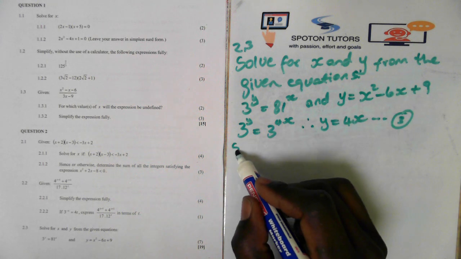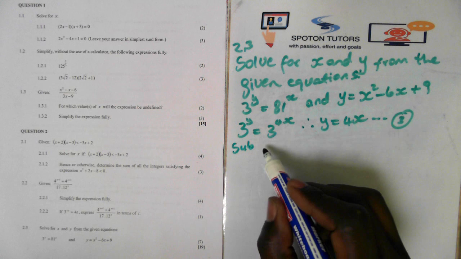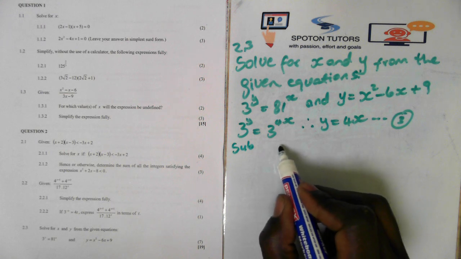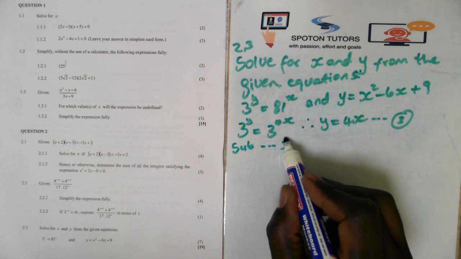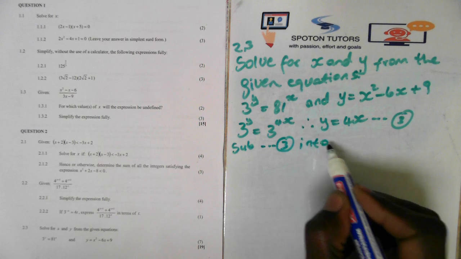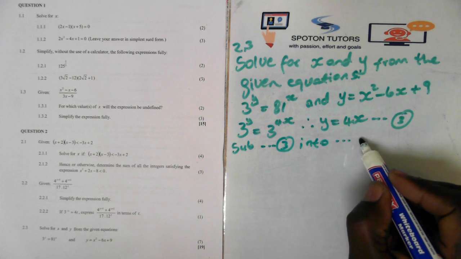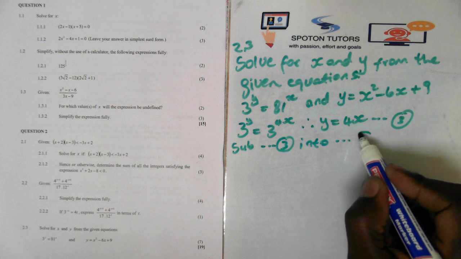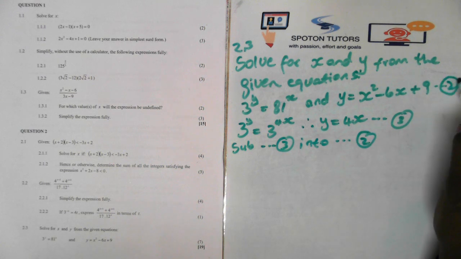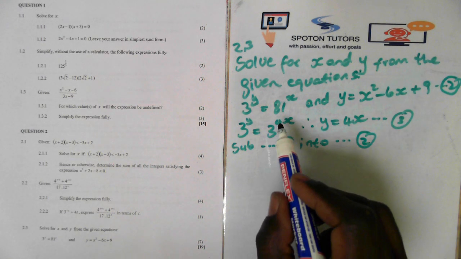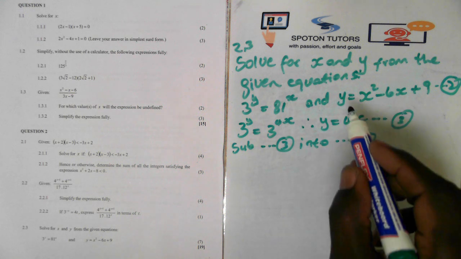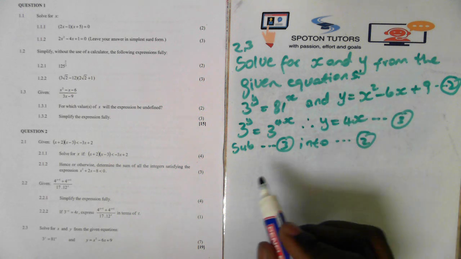So what we can suggest then is that we sub equation 3 into equation 2. This is equation 2, and of course this is equation 1. Where you see y, you put 4x. Let's go.